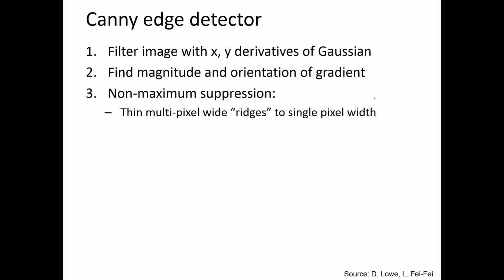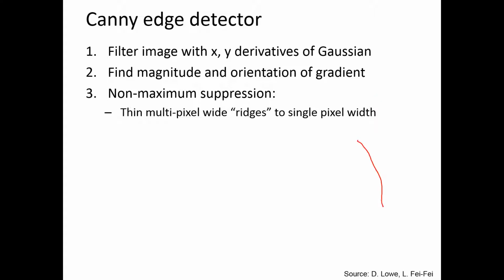Now the difference is that the Canny edge detector imposes some additional steps. First, it does something called non-maximum suppression. If you remember, earlier we had the problem that you may detect an edge, but because you compute based on edge strengths, the edges can be pretty wide, more than one pixel.